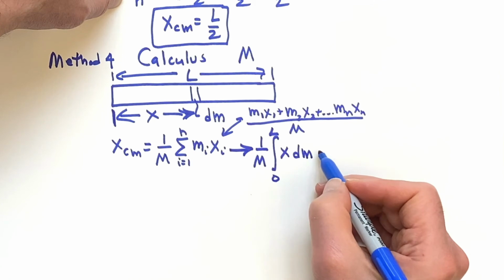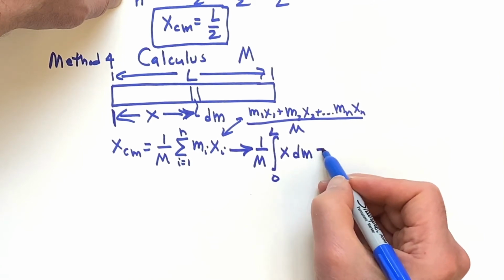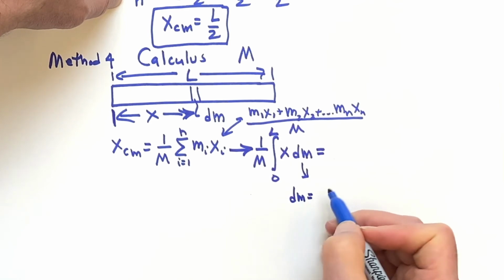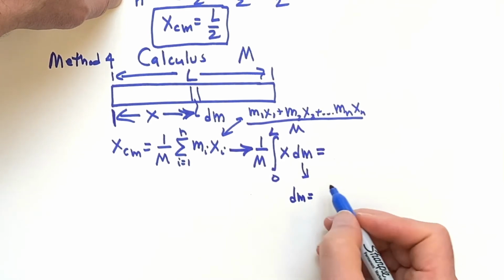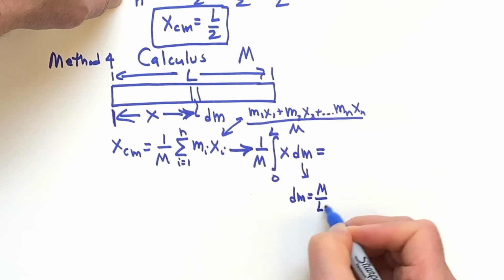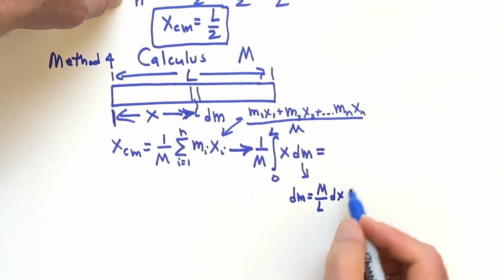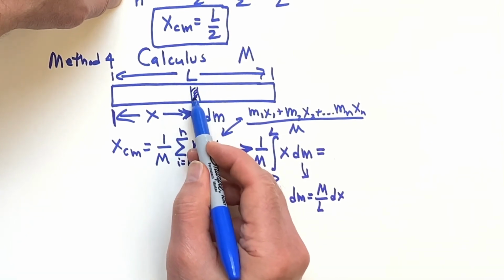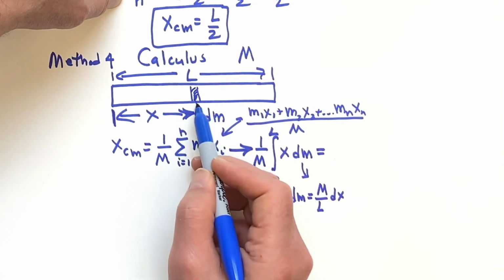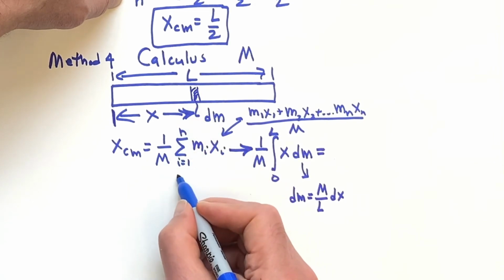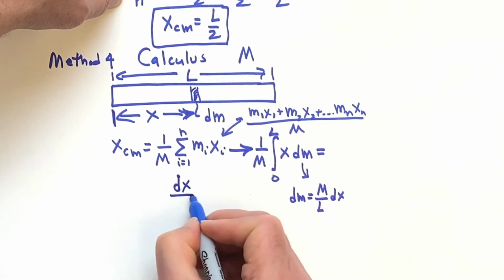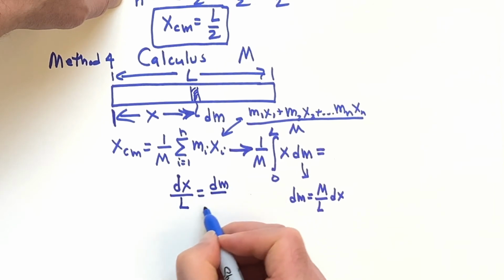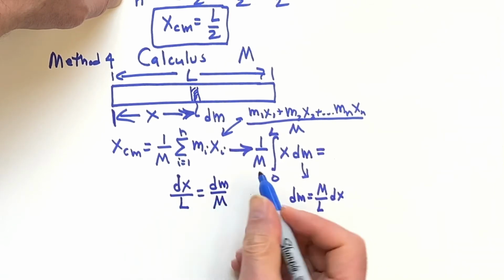And here we can write the dm, the little piece of mass, is going to be equal to big M over L times dx. In other words, we're doing a proportion. The mass for this little delta x, you would compare the delta x with the total L, and that would have to be the delta M over here, the total mass.